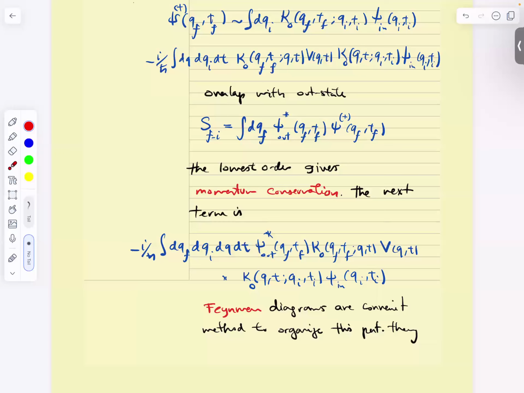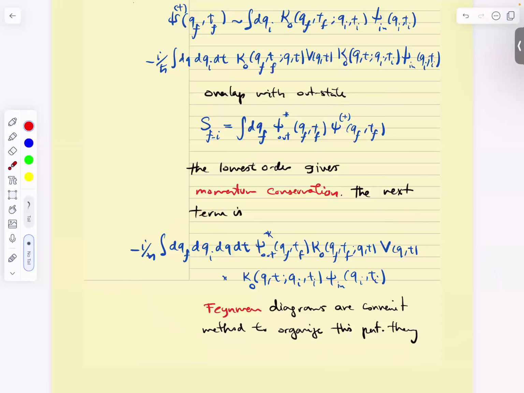Then there's a piece coming from K1, and this is what it looks like. As I'd argued, K1 looks like K0 V K0, with an integral over where the interaction happens.